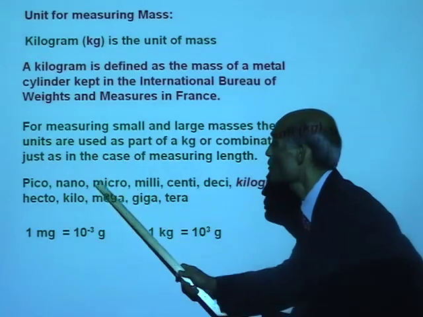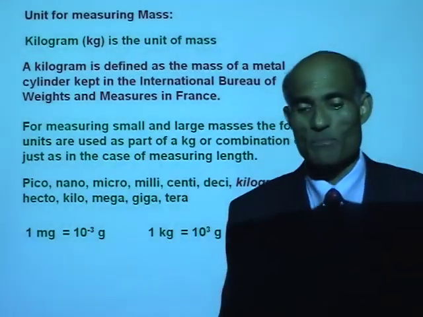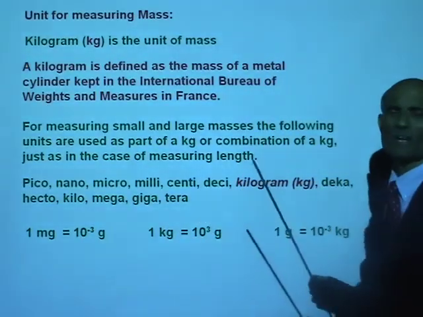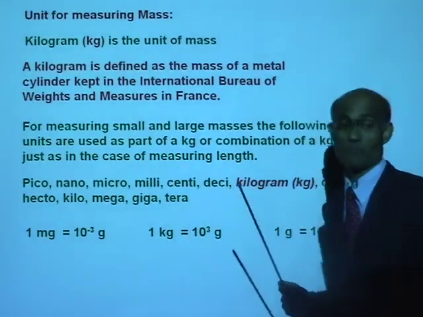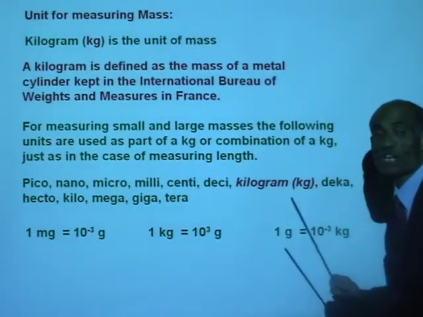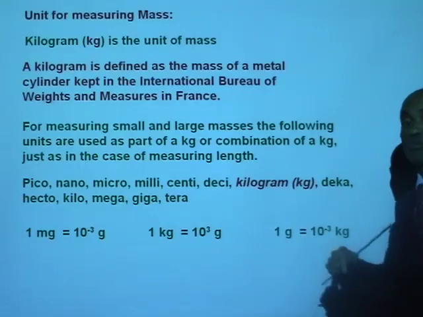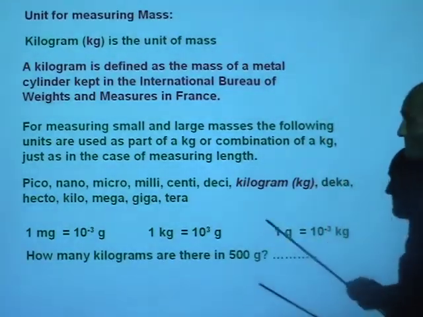You can forget about the others, but this is important. 1 kilogram contains 1,000 grams. That means 1 gram is 1,000th of a kilogram. 1 part in 1,000 of a kilogram.